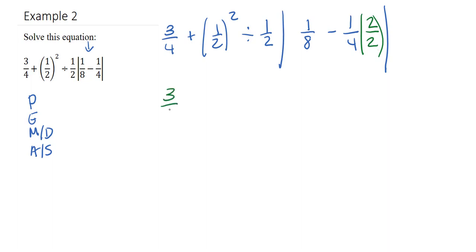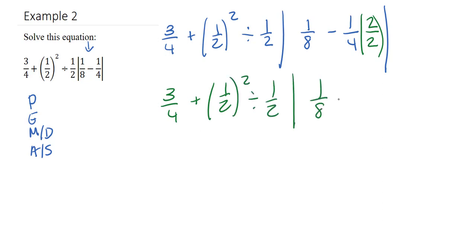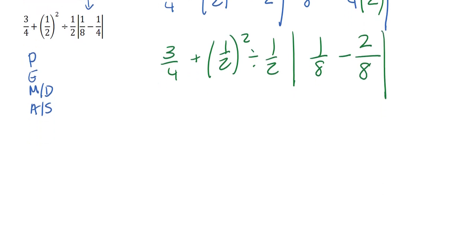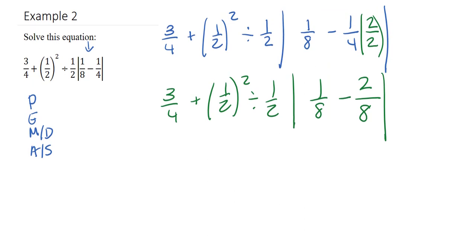So we have 3 over 4 plus 1/2 squared divided by the absolute value of 1/8 minus, so 1 times 2 is 2, 4 times 2 is 8. Close the absolute value bracket. Now we can go 1/8 minus 2 over 8. So that would be negative 1/8. I'm going to do this on the side right here.